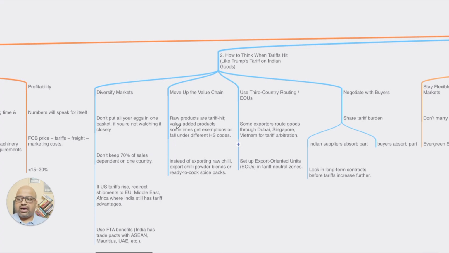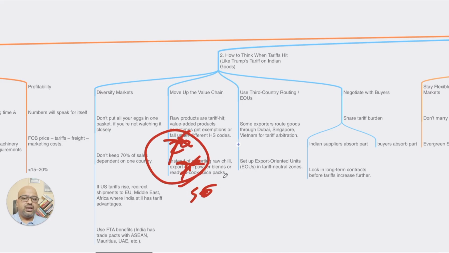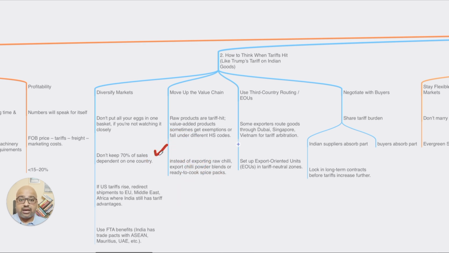If I am getting 20% from here, 30% from somewhere else, 50% from somewhere else, then I would not have worried, because if one market is squashed, like 20% is gone, still I have 30%. If 30% is gone, at least I have 50%. So if there are multiple markets which I'm working in, then I don't really bother about it. But if I don't have that and I'm still stuck to one single buyer and one single market, if the US imposes 50%, then we are dead.